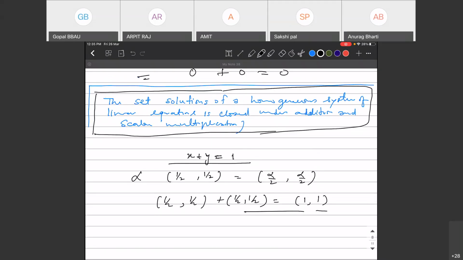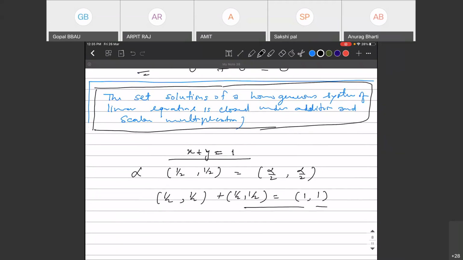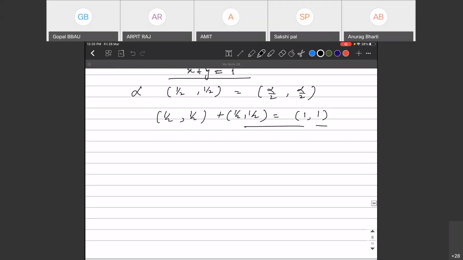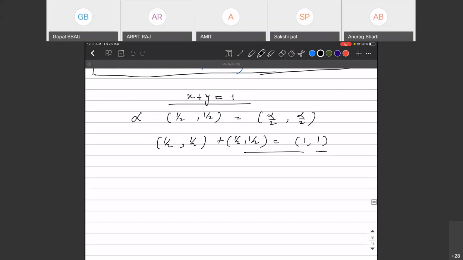So let's talk about solutions. How are they both related? For every non-homogeneous system of linear equations, you have an associated homogeneous system of equations. Take the summation over j equal to 1 to n of a_ij x_j equal to b_i, where i runs from 1 to m.